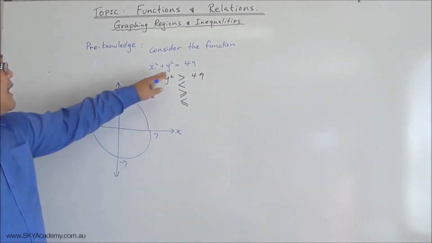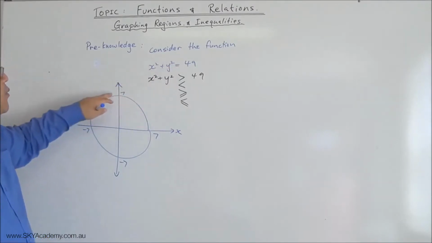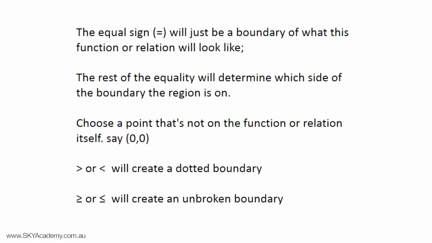The equal sign will just be a boundary of what this relation will look like, and the rest of the inequality will determine which side of the boundary the region is on.